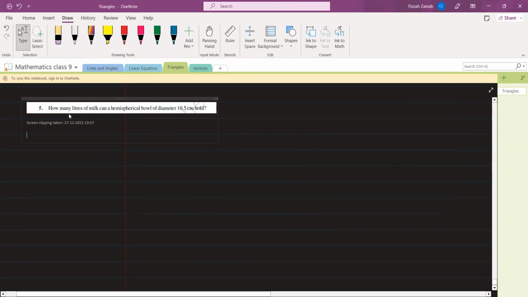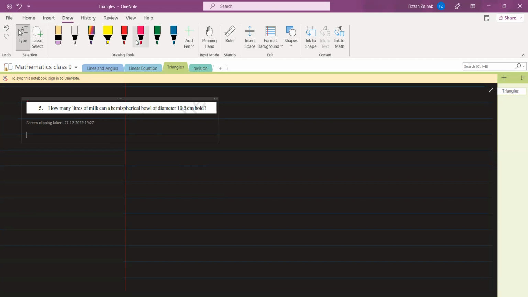Okay, how many liters of milk can a hemispherical bowl of diameter this can hold? So it's a hemisphere, first of all, please note. Diameter is given, which is 10.5 centimeter. So what is the radius? 10.5 divided by 2 centimeter.